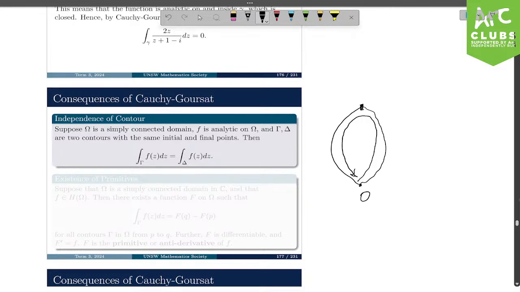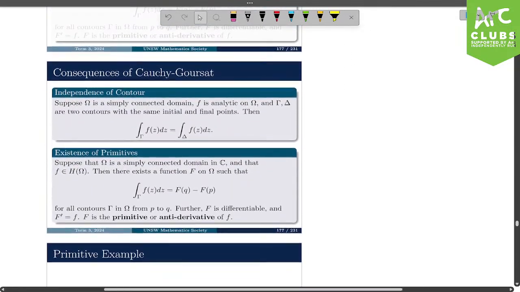Because I've just gone around in a loop. And as per Cauchy-Riemann theorem, that must be 0. Since it is 0, it tells me that this integral up this way is going to be cancelled out in its entirety by the integral down that way. And therefore, when compared to going up, it must be the same. Alright? So it's a little comparison there.